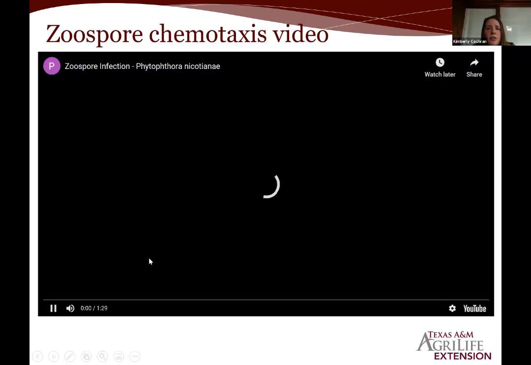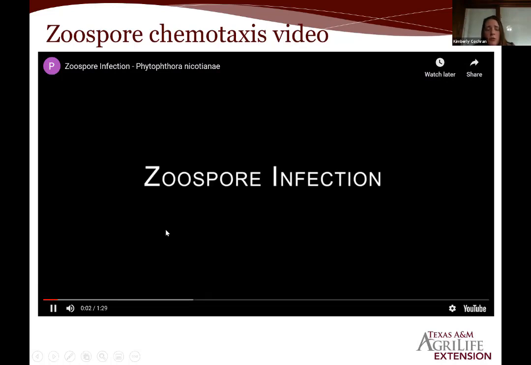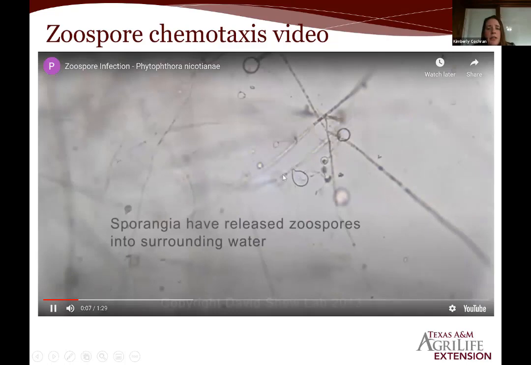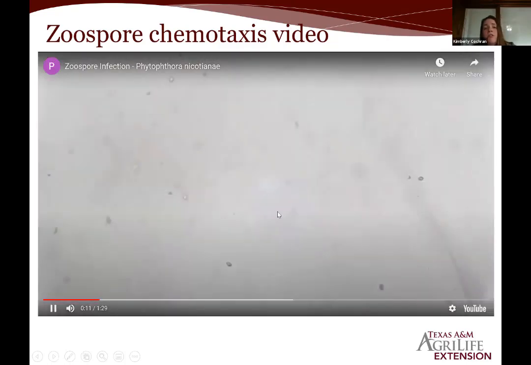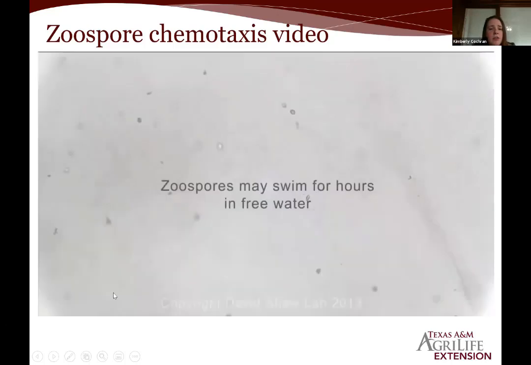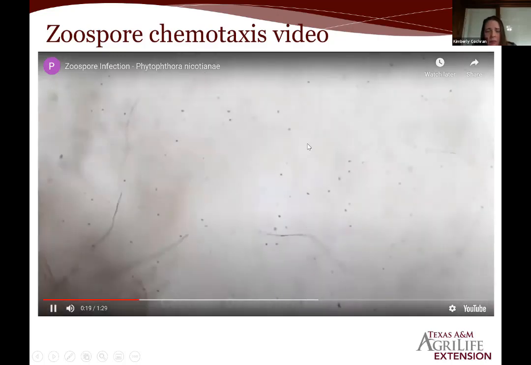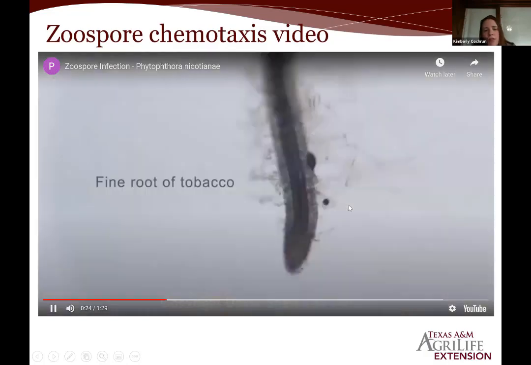And so just like you can follow your nose to some cookies baking or whatever your dessert of choice is, or brisket, here in Texas, we can all follow our nose to brisket, or what other vegan option you prefer, if that's your cup of tea. But zoospores do a similar activity. So here they're swimming in water. Free water just means enough water to have a thin film.